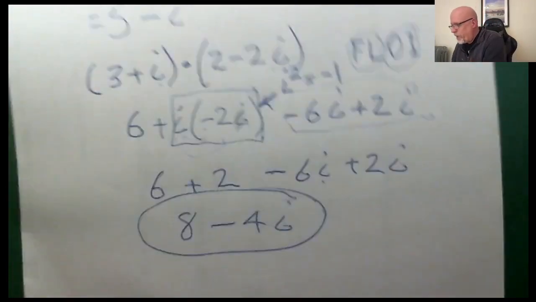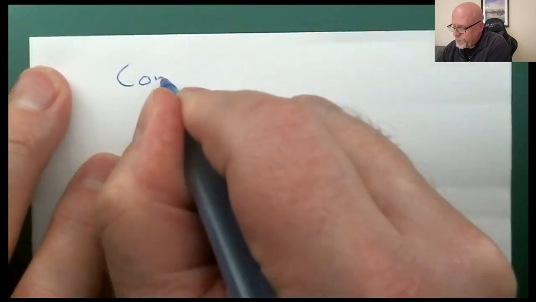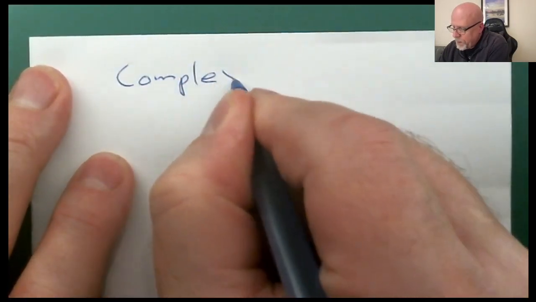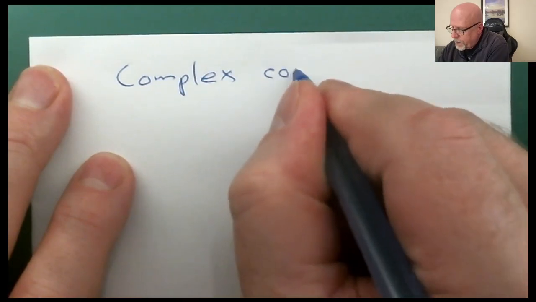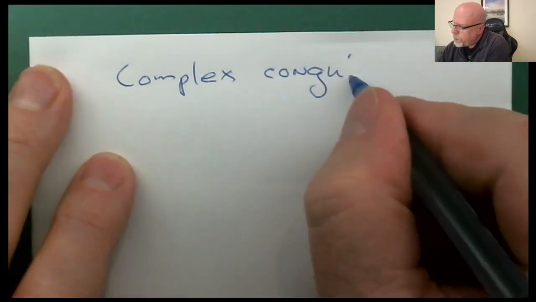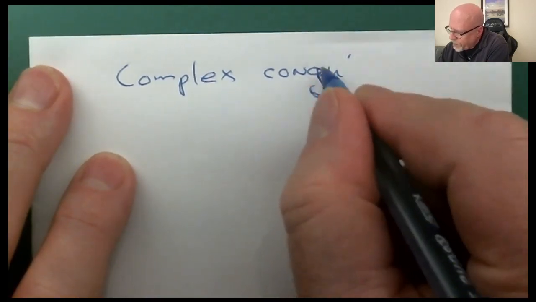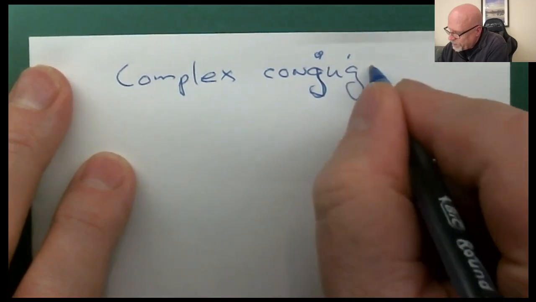So what is the trick? It's called complex conjugation. And basically it means if you, I'm trying to spell at the same time, that's a j, conjugation.